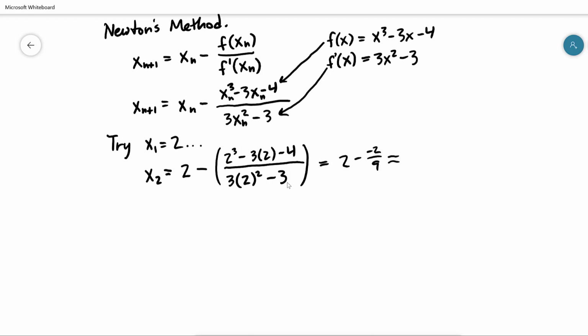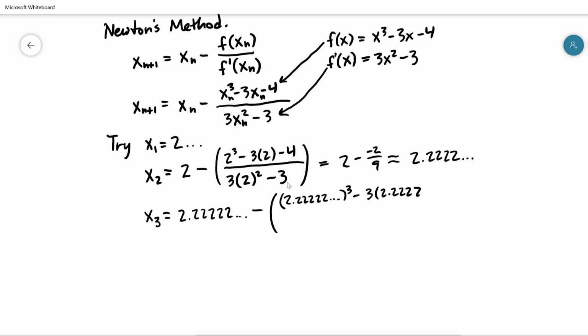If we do that in the calculator, that is 2.2222222, right? 2.2 repeating. We'll use that for our x2. So x3 is going to be this number, 2.222222 and so on, minus, plugging it in all those same places. 2.2222222 cubed minus 3 times 2.2222222 minus 4.